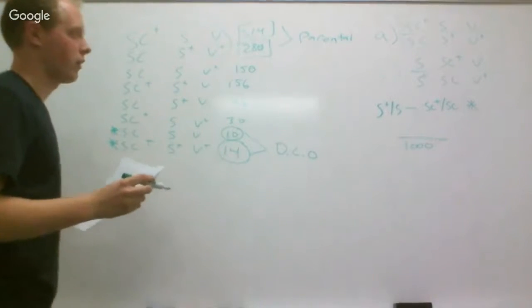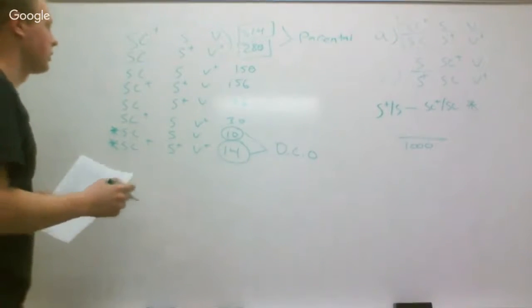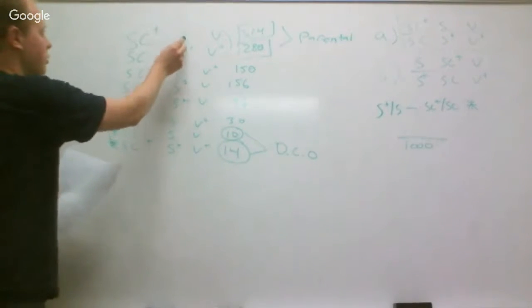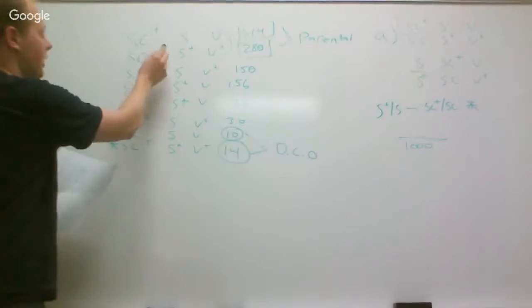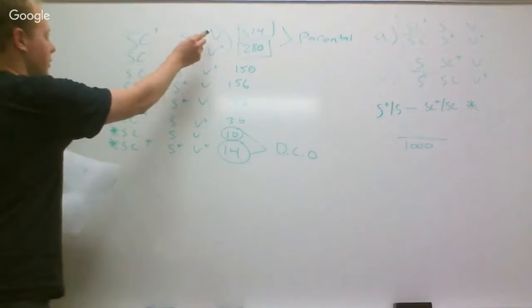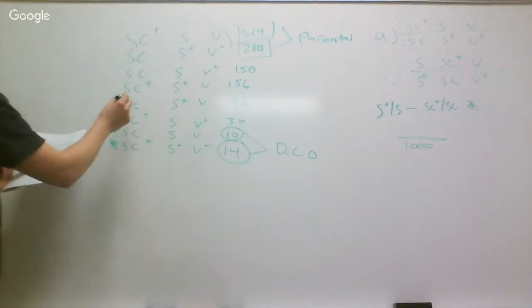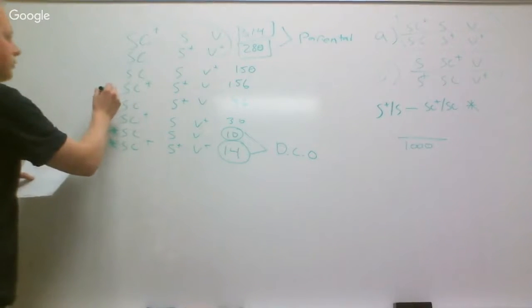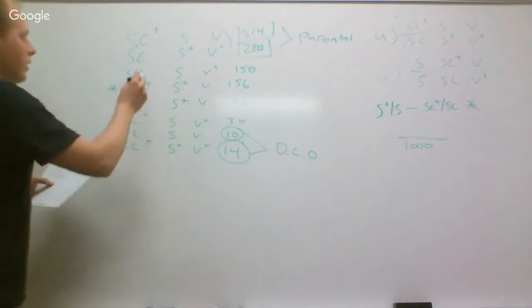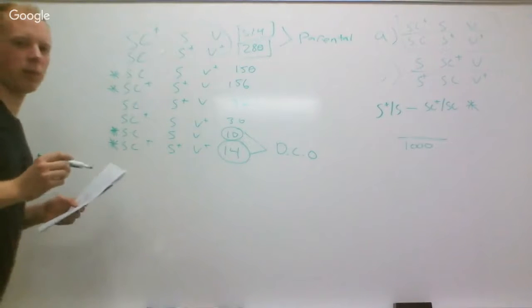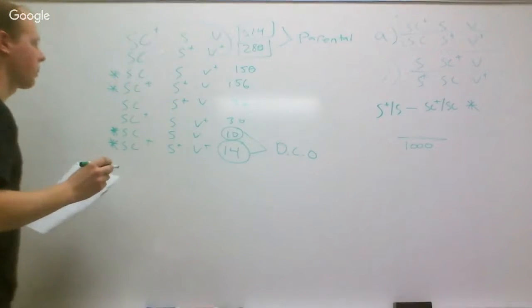And then we'll look for where the S gene crosses over. So if we flip-flop the S gene on the parental, we'll end up getting SC wild type, S wild type, and then V recessive. And we find that right here. And then if we do the same thing for the other side, we'll find that this is the complementary offspring.